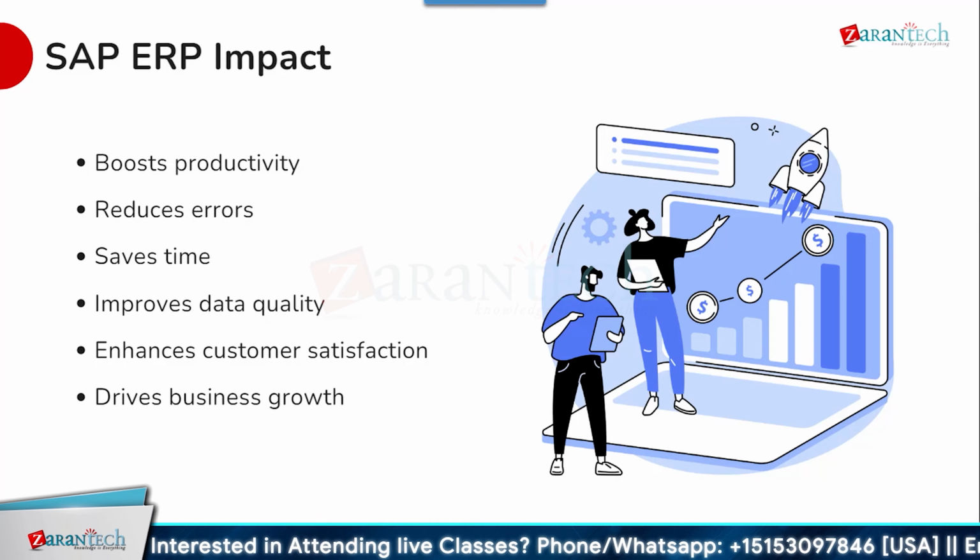This is done by streamlining processes and improving data visibility, which enables quicker response times and more personalized customer interactions. And lastly, SAP ERP drives business growth. Here, the efficiency and accuracy it brings leads to cost saving and better resource management, paving the way for sustainable expansion.